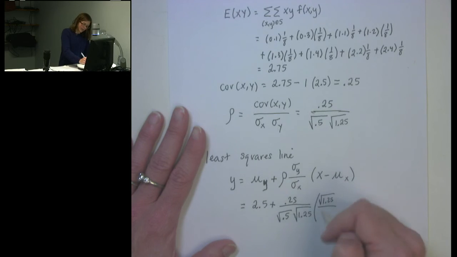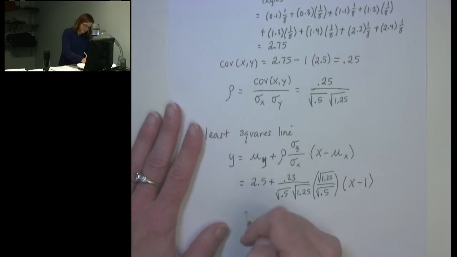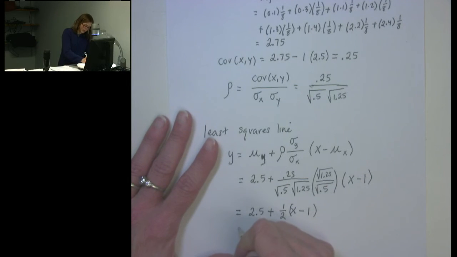Standard deviation of x is the square root of 0.5. Multiply that by x minus the mean of x. The mean of x was 1. If we simplify, this gives us 2.5 plus 1/2 times x minus 1. So our equation for our least squares line is 2 plus 1/2 x.